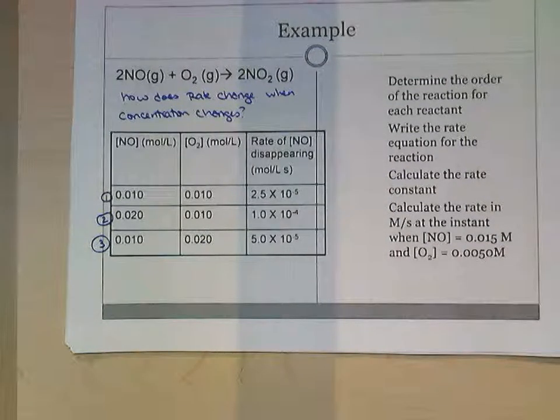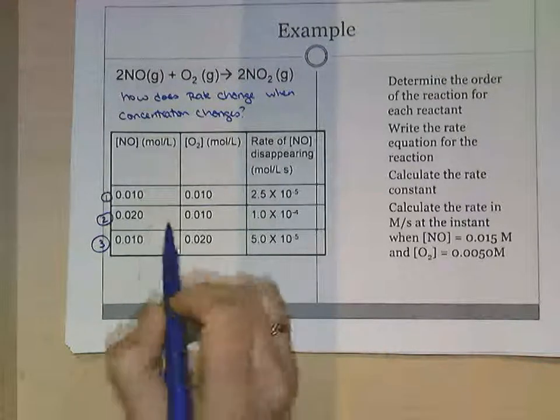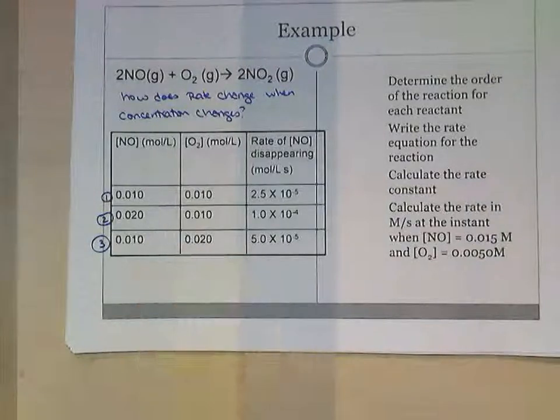And I've purposely set this up so that either way you do it, there's only one thing changing, right? So if you are going to do an experiment like you learned in elementary school, you only change one variable at a time, so you know for sure that one variable is making a difference. So if I compare experiment 1 and experiment 2, what happened to my concentration of NO?